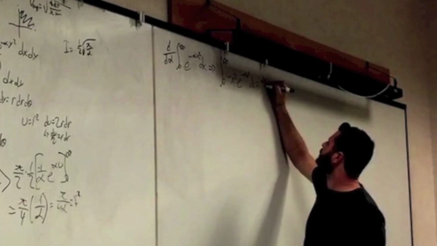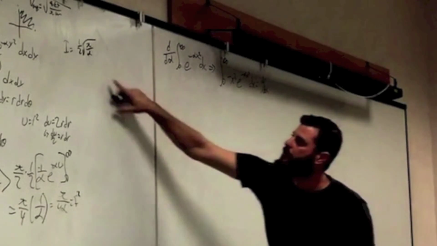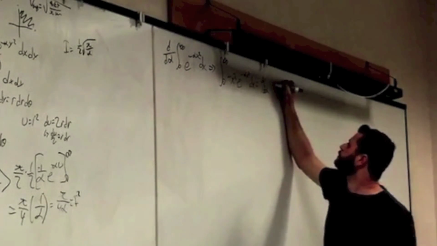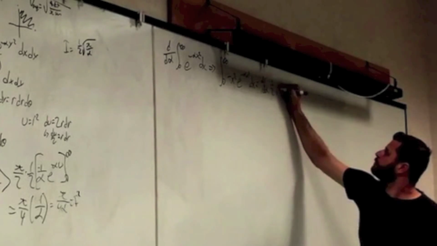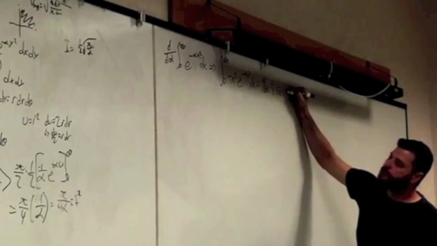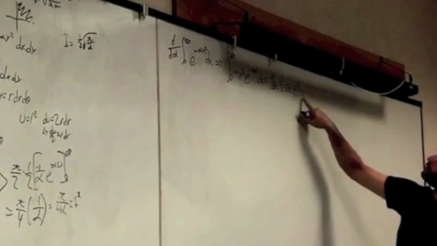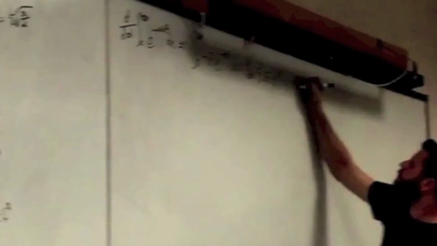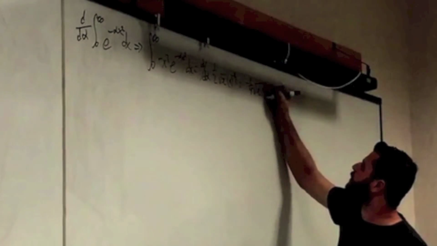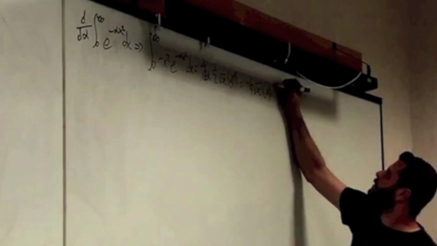It should just be the derivative with respect to alpha of our answer right here, which is going to be negative 1/4 square root of pi times alpha to the negative 3/2.